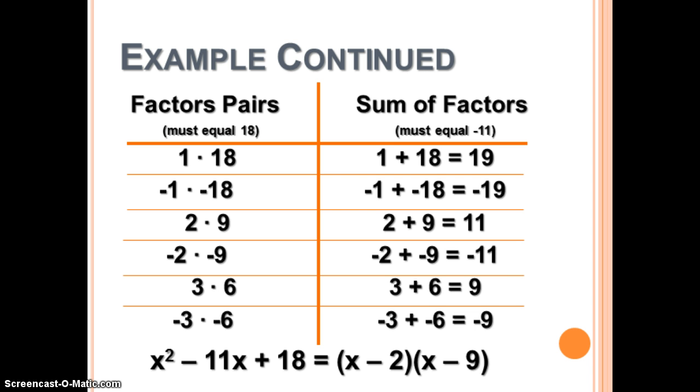When you add those together you get negative 19. 2 times 9 is also a factor. That will give you 11. Negative 2 times negative 9 will give you negative 11 when you add the 2, and that's the one we're looking for. So our final answer is x squared minus 11x plus 18 factored is the quantity x minus 2 times the quantity x minus 9.